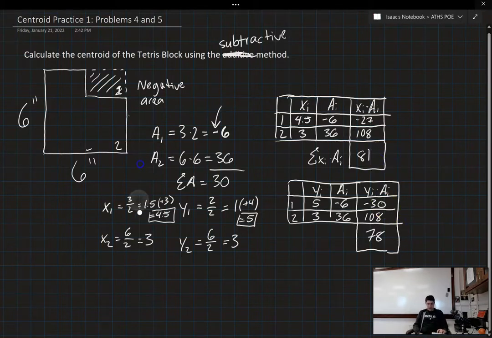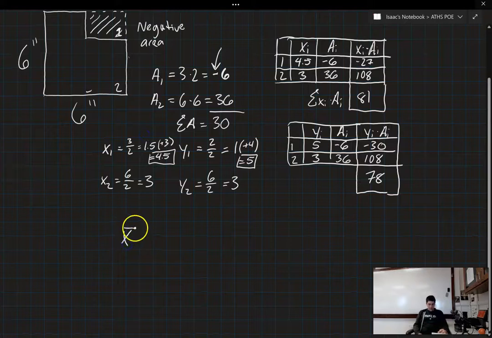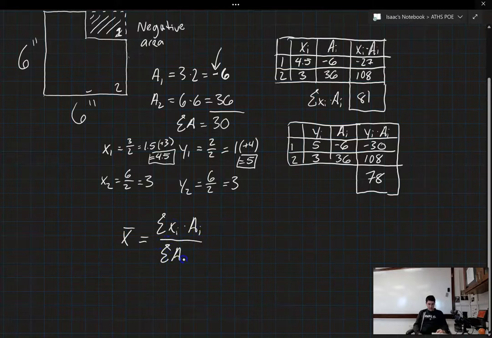All right, but let's plug it in anyway. Our x coordinate is going to be sigma xi times ai divided by sigma ai. Plugging in those numbers, my sigma xi ai up here is 81. My total area, sigma ai, is 30, which gives 2.7.